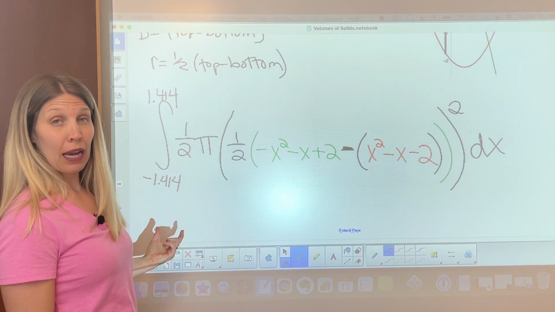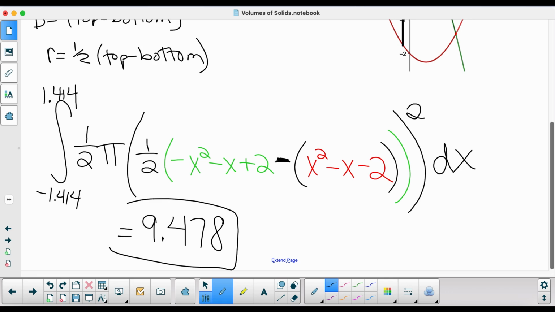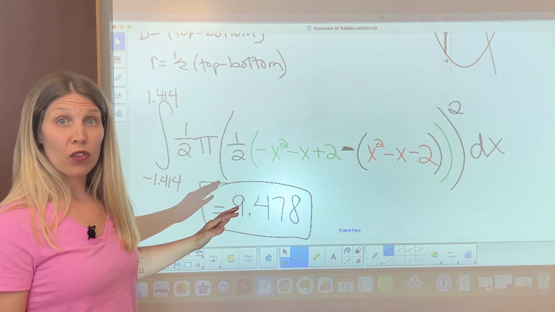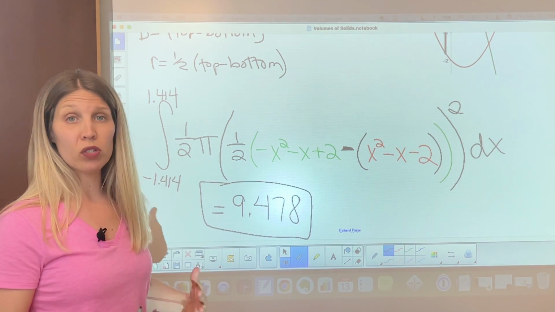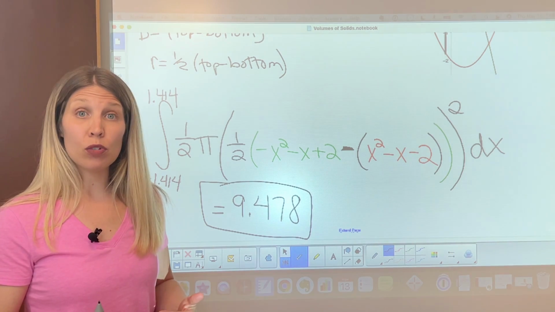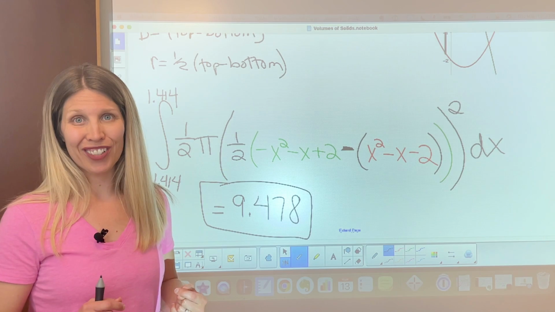Put in your correct bounds, and your answer should be 9.478. The hardest thing about these problems is getting your parentheses right because there's a lot of variables and a lot of numbers you have to take into consideration. But when it comes down to it, you're just finding the area of a circle, and that you can do.